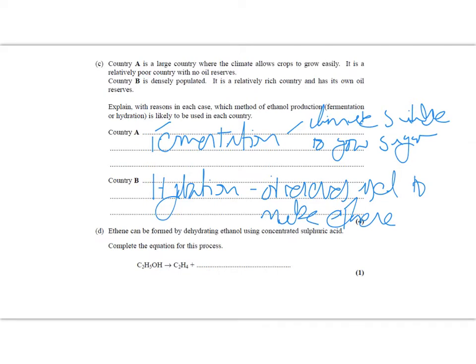Now, questions recently have often asked students to evaluate the pros and cons of the two different ethanol production techniques, and one of the phrases they've liked seeing in recent years is talking about renewable resources.